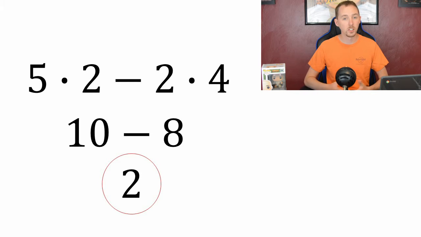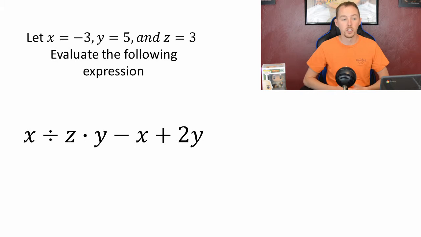So let's try one more example, and this time let's make it a little bit more difficult, and talk about those scenarios of what happens when multiplication, division, and addition and subtraction are next to each other. In this example, it says, let x equal negative 3, y equals 5, and z equals positive 3. So we're going to evaluate the expression.